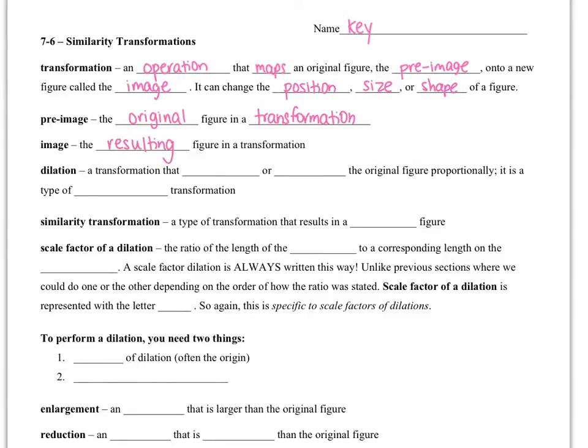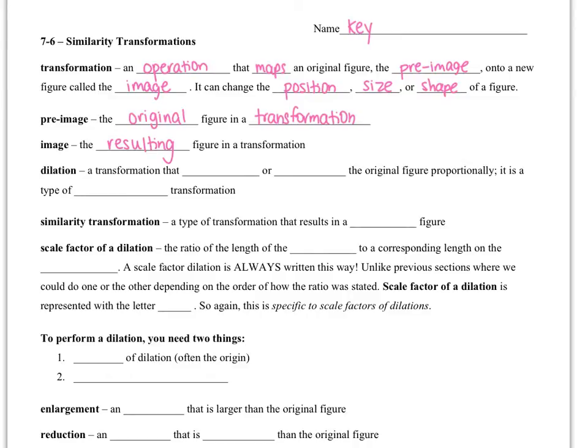A lot of times we get confused because we think image is the original. No, pre-image is the original, and image is like post-image, but we just call it the image. So think of it like you see an image of you on a computer. It's not actually you, it's just a picture of you. So you're the original, you're the pre-image, and the image is like a picture of you.